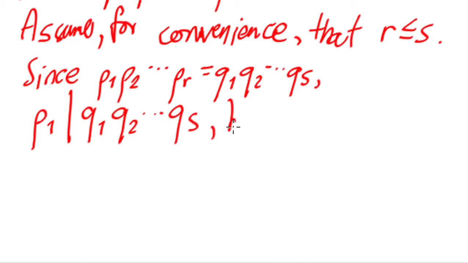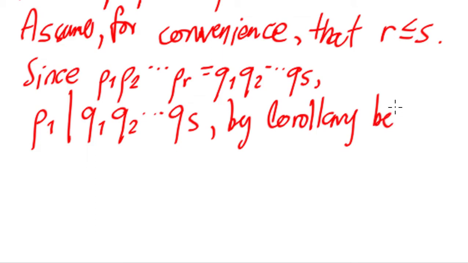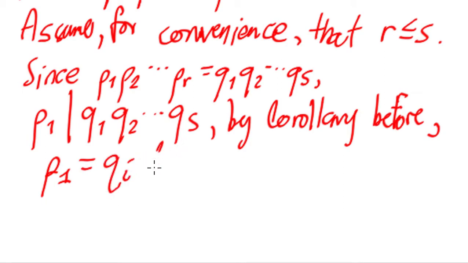Right after this, by the corollary that we have studied in a video before, p sub 1 is equal to q sub i, for some i.